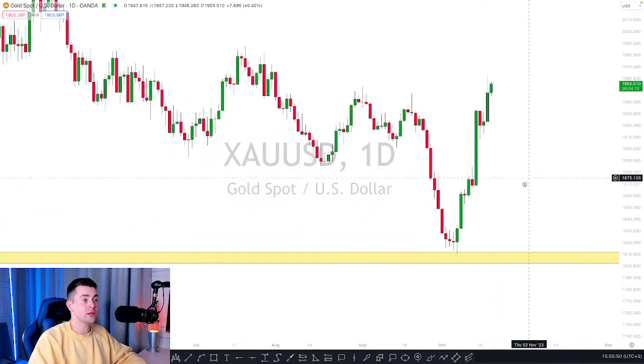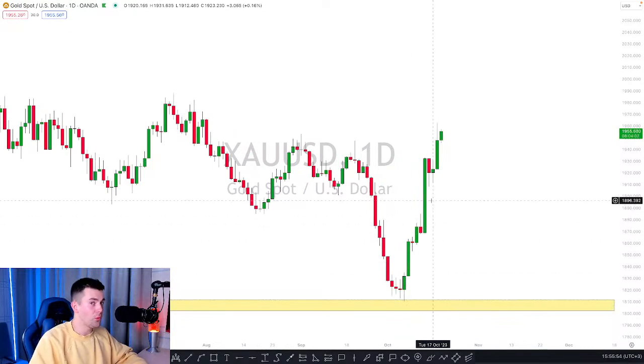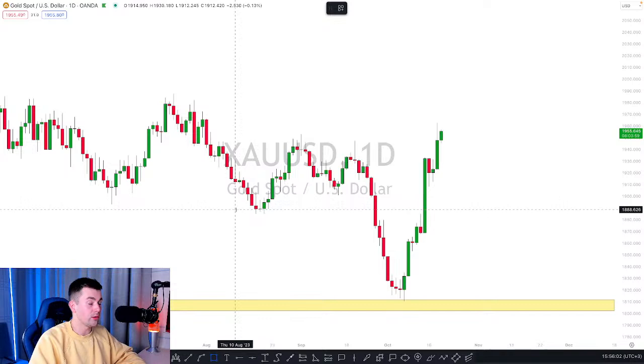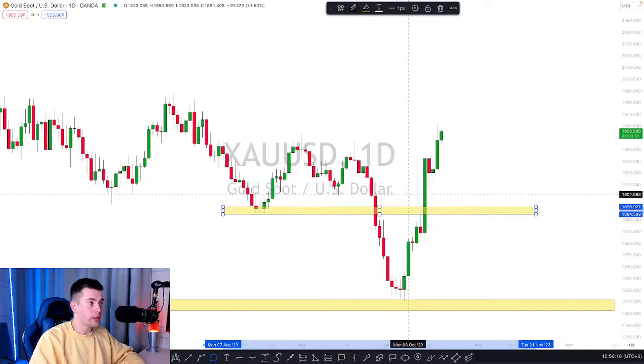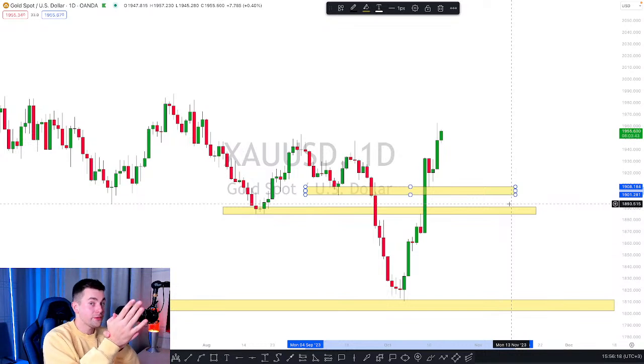So the thing is that from that support, the market keeps growing like crazy, and so far, because of the strong fundamentals, because of the panic, because of the anxiety of the crowd, the market keeps growing and keeps breaking one structure after another.